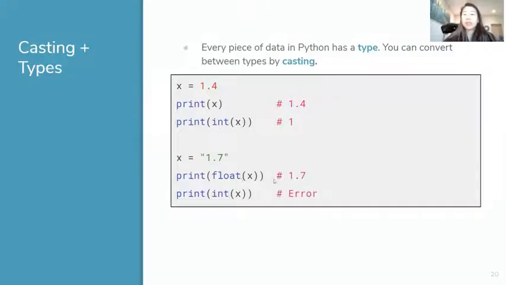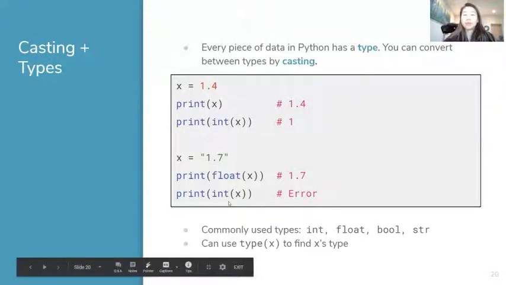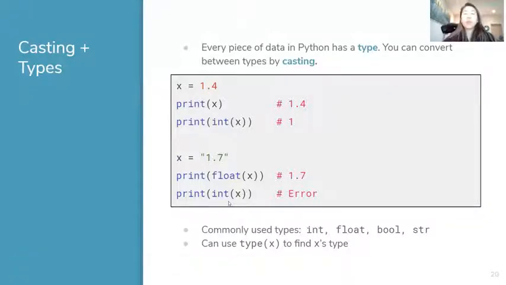If you print it, it's going to be 1.7 because that's a float. Otherwise, when you try to cast it to an int, it gives you an error because it doesn't make sense to convert a string to an int. So you can commonly use types such as int, float, boolean, and string. You can use type(x) to find x's type.